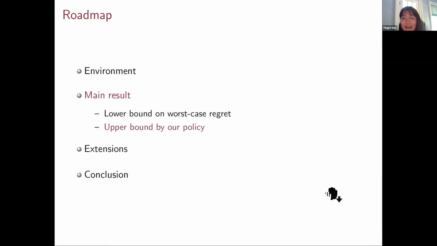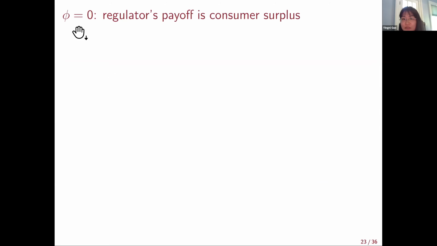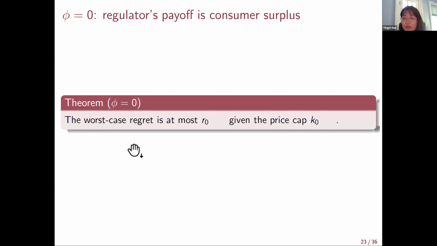Okay. So now suppose that phi is equal to 0. So the regulator cares only about the consumer surplus. I want to prove that the worst case regret is at most R0 if the regulator imposes a price cap of K0. Both R0 and K0 are equal to half V bar. So half V bar is the price cap we want to impose here.